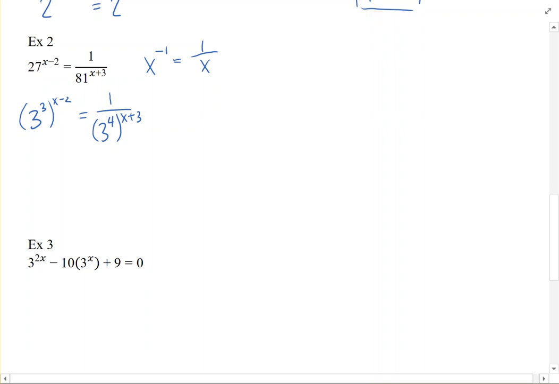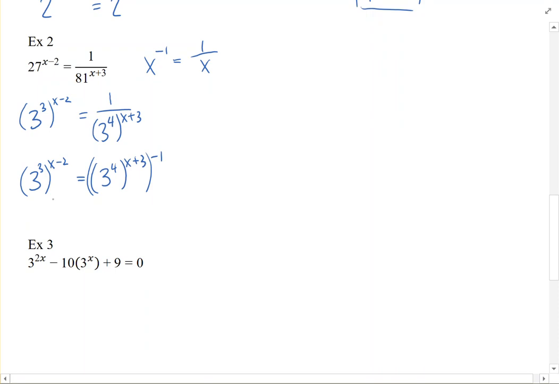So we can just rewrite the term on the right with another exponent. So let's rewrite that: 3 to the 3x minus 2 is equal to 3 to the 4x plus 3, and all of this to the negative 1 because it's 1 over.